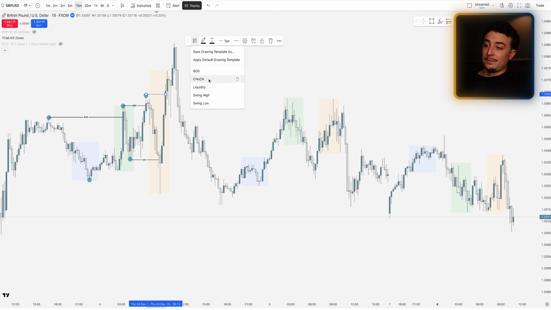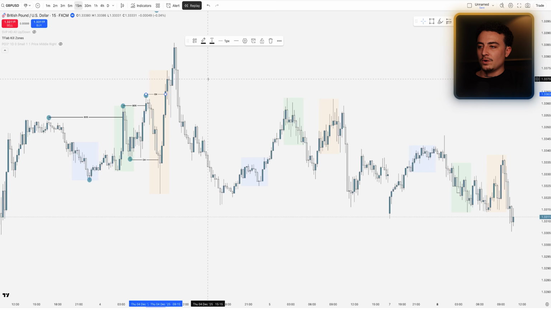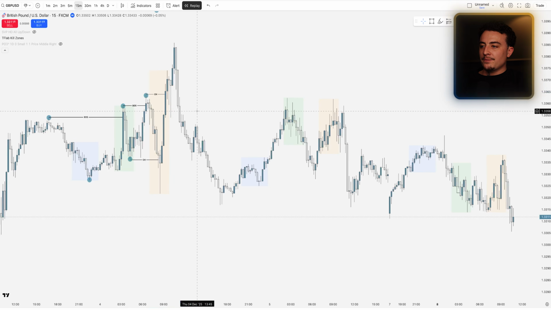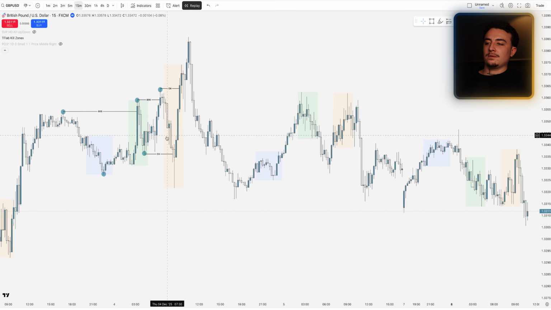Now, it does happen quite often that you will get a change of character to the downside, liquidating the lows, and then we will continue the bullish trend and have another change of character to the upside. So we've just gone from bullish to bearish to bullish, okay? Now, here's the thing. With my system, when I said you could be looking for buys here, I would never be looking for buys in this position, right?